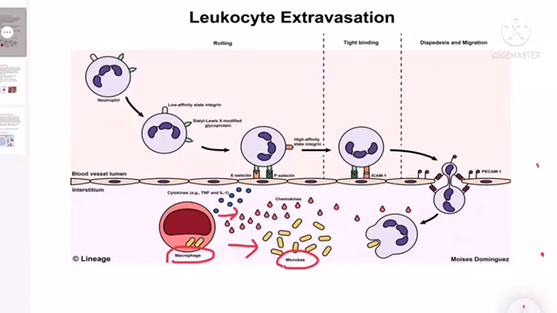They cause vasodilation and increased permeability. Because of the changes in permeability, the space between the endothelial cells widens, causing extravasation of fluid to the site of inflammation. So there will be exudation, and because of that the blood becomes a little hemoconcentrated.